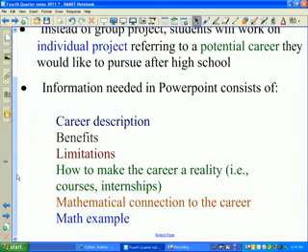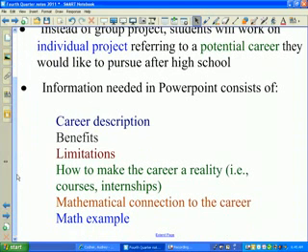The other thing I would like to see is how are they going to make that career a reality? So there's some careers that, yes, I have to get certification. Yes, I have to take some coursework in college. But what type of coursework do you have to take? What type of lessons do you have to get certified in? And what is the cutoff? How does someone know that, hey, you're the person to get because you scored a certain level of certification? Do you have to take an internship?